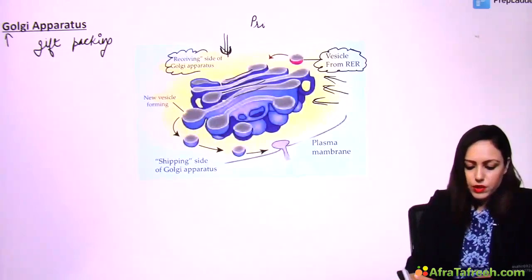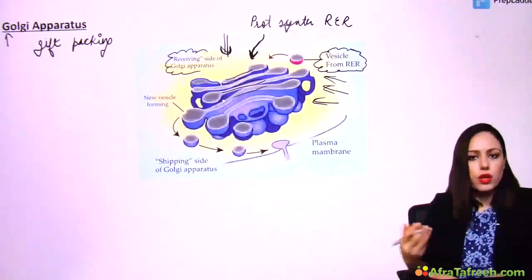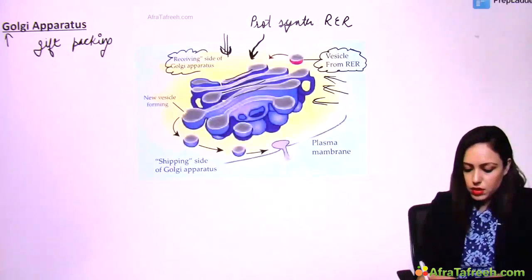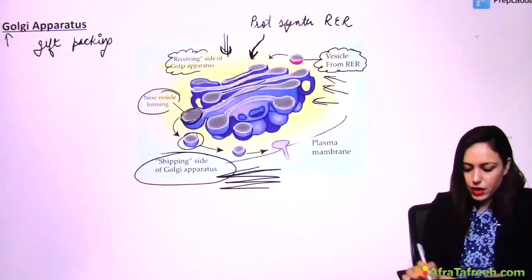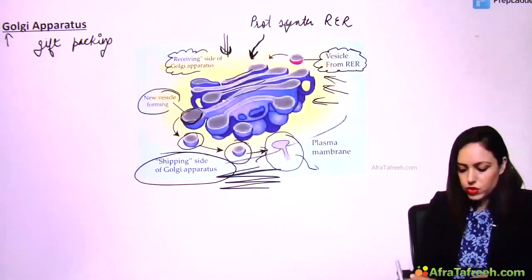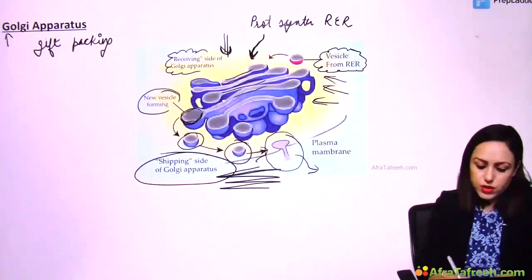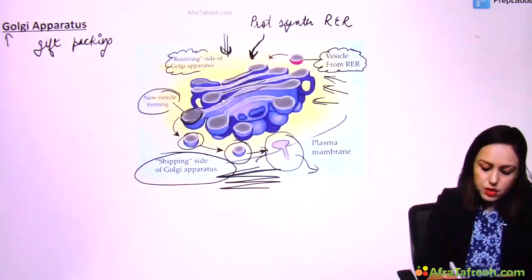So protein is getting synthesized in rough endoplasmic reticulum, then it comes to Golgi apparatus. Here the packaging, sorting is done and new vesicles are formed, and this is the shipping side of Golgi apparatus, via which the vesicle formed is released outside of the cell by fusion with the plasma membrane. Let's see what all is done in the Golgi apparatus.